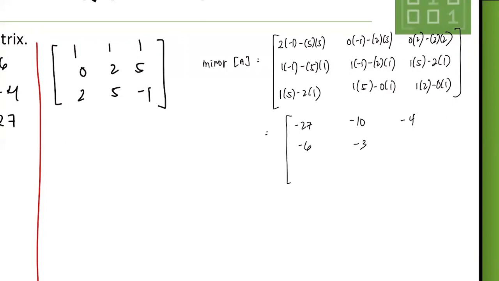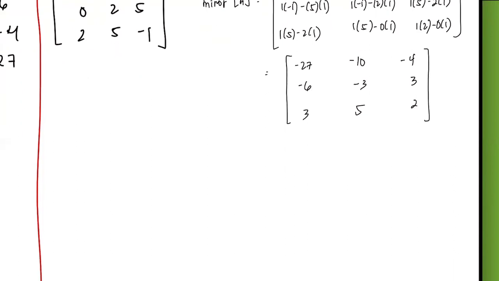And then we have 3, then 3, 1, 5, 2, 1. Then this is 5, and then we have 2. Okay? Then cofactor natin.